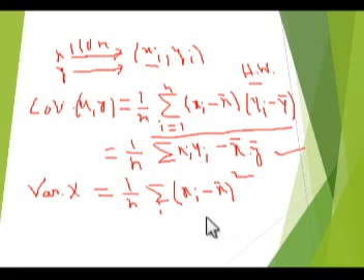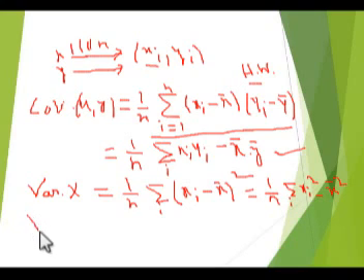This is the variance side. It is also written in a short way: 1 by n summation of xi whole square, minus x mean whole square.